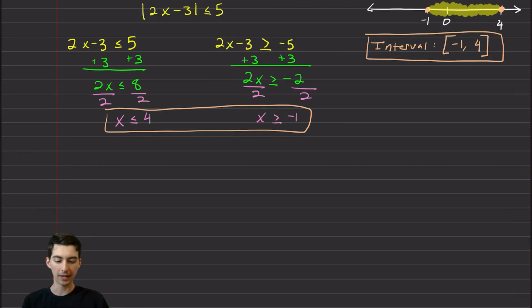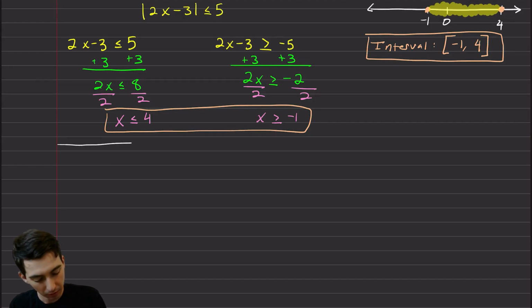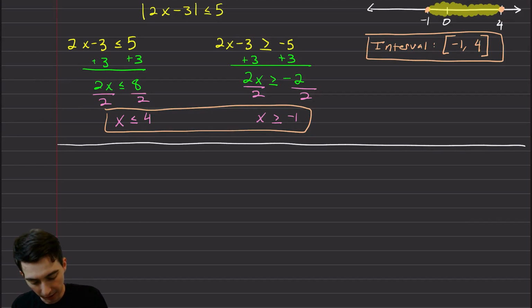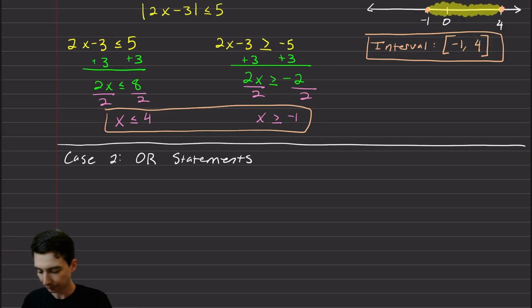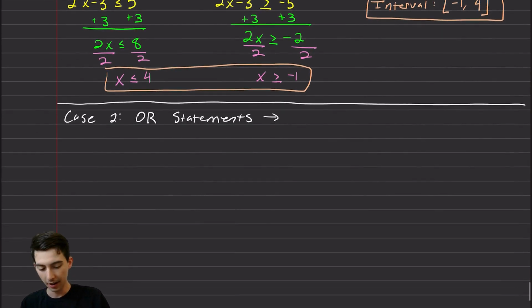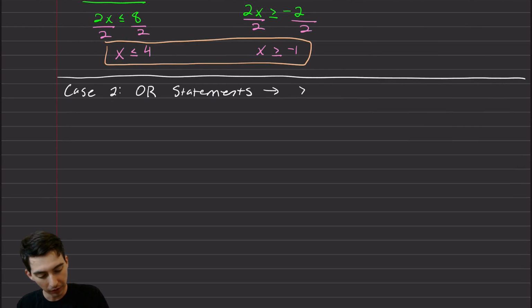Now we're going to look at our second case, which, if you couldn't have guessed, is going to be our or statements. So let's go ahead and draw a line and say case 2 is going to be our or statements. Now our or statements is just the opposite of an and, so it's going to be dealing with our greater than or equal to symbols.